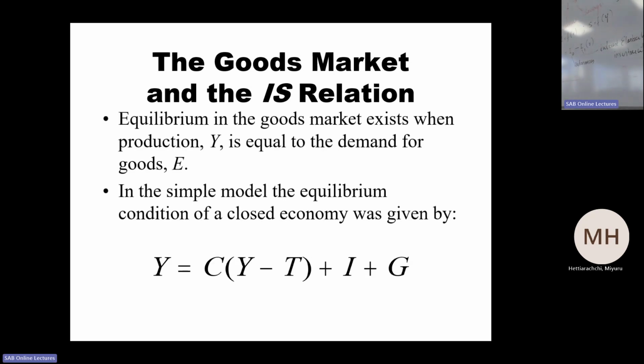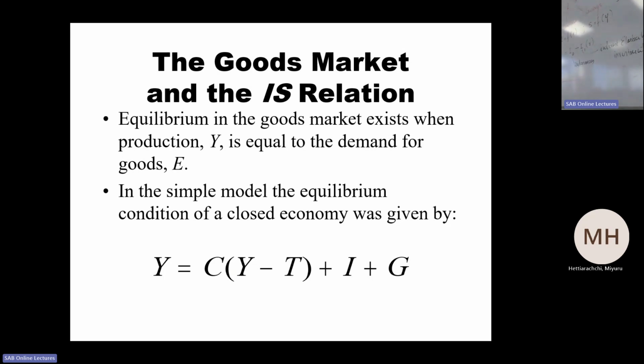In the real sector equilibrium, that is, equilibrium in the goods market and the real sector, we know that aggregate demand equals aggregate supply, and injection equals withdrawal.